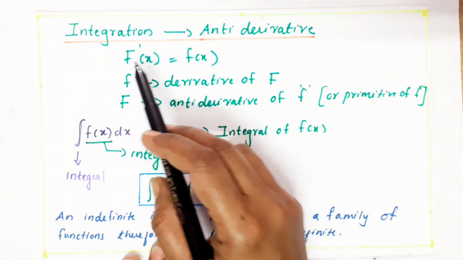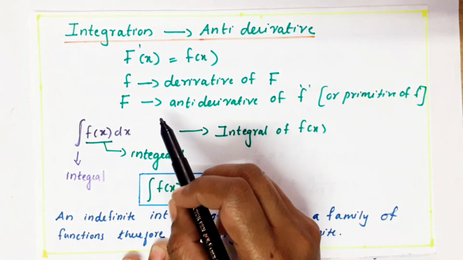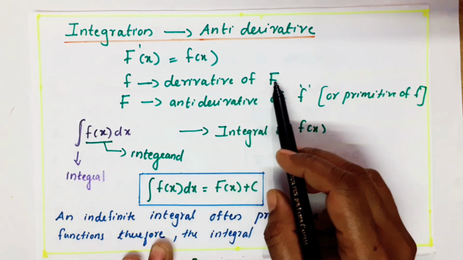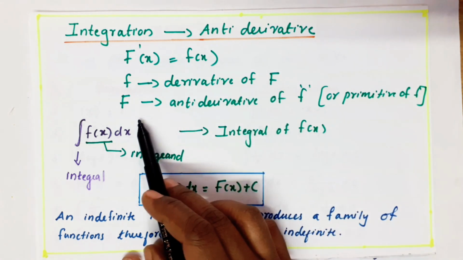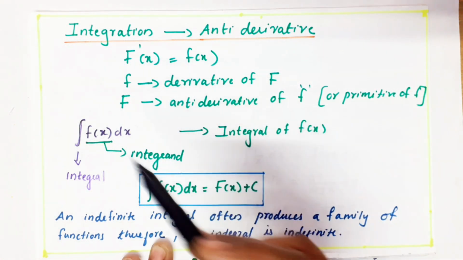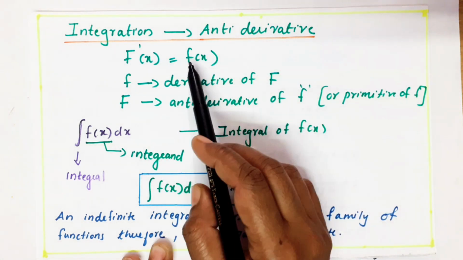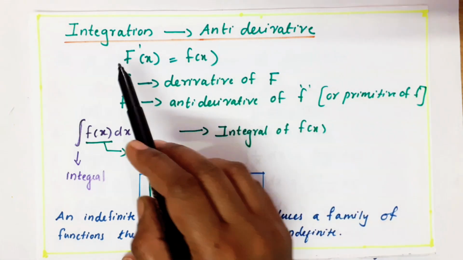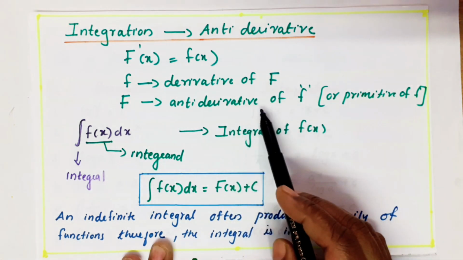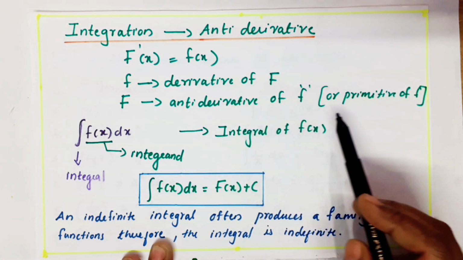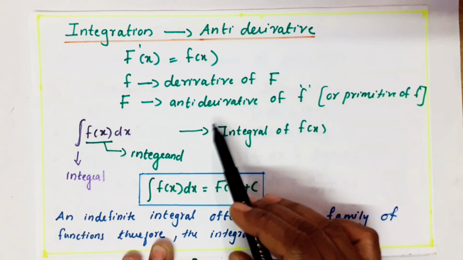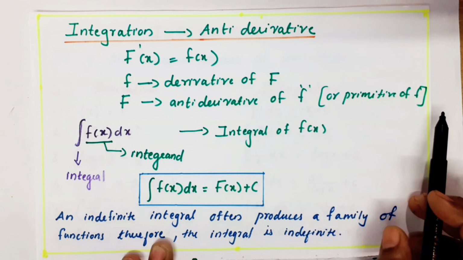So small f is called the derivative of capital F, and capital F is nothing but the antiderivative of f, also known as the primitive of f. Another name for antiderivative is primitive of f.